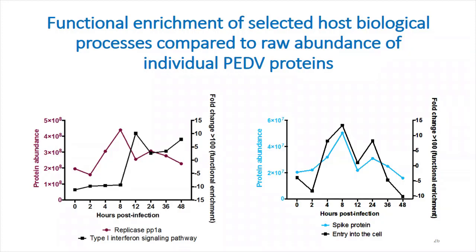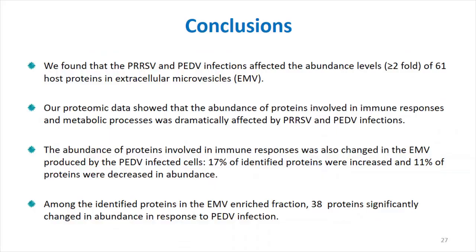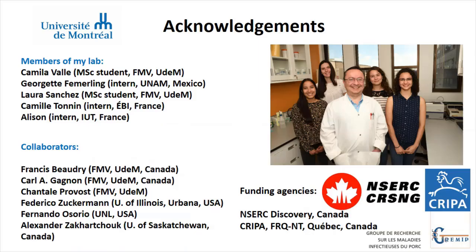And as you can see, there are certain correlations which you can now think about how to explain. In this graph, we show the abundance of spike protein and proteins which are involved in entry to the cell.